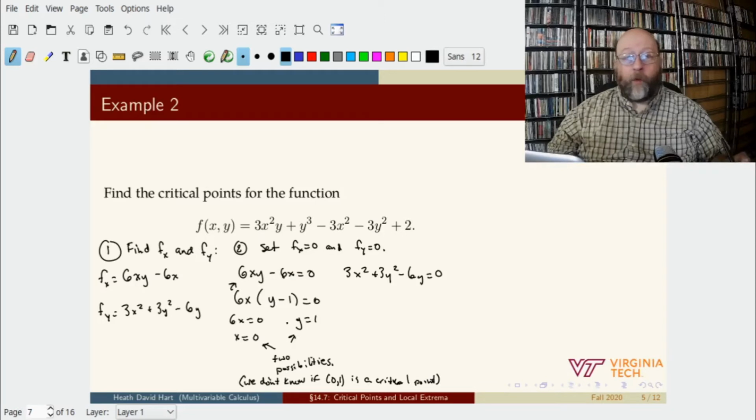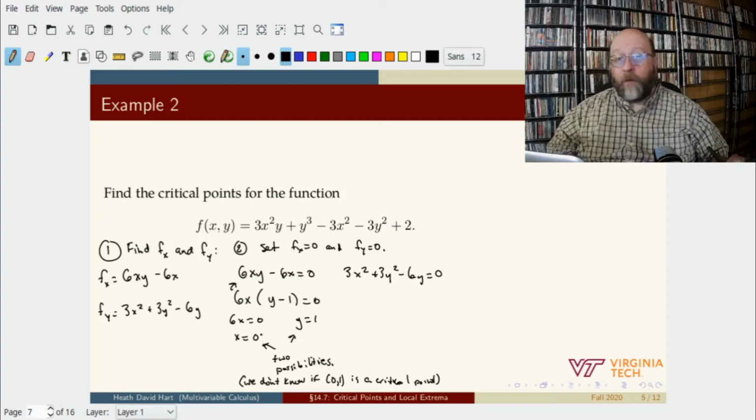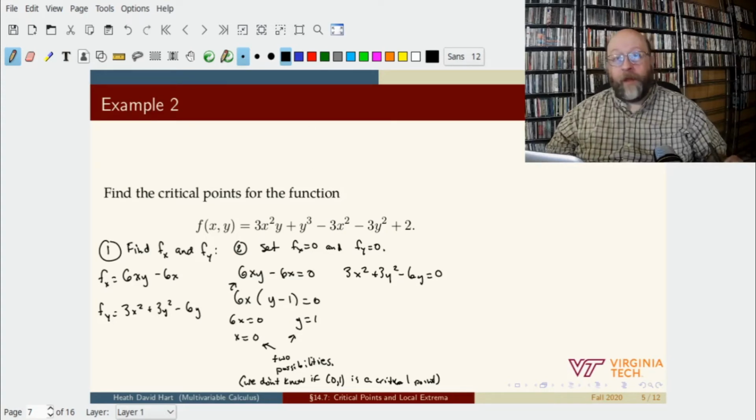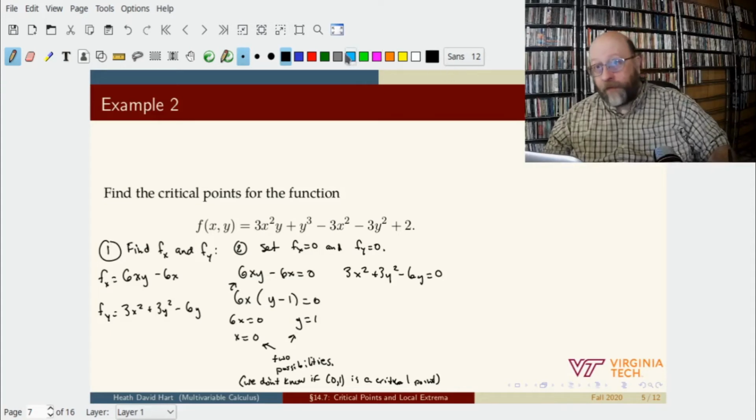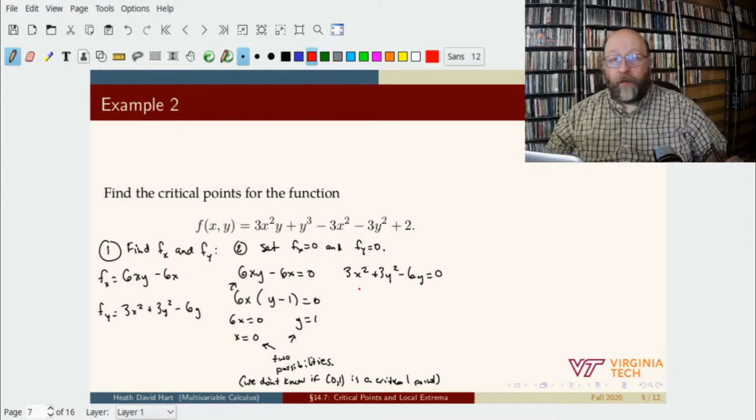Because we only are getting these possibilities out of one of these two equations. But one possibility is that x equals 0, one possibility is that y is equal to 1. And so let's check those two possibilities. I'm going to use color for this step to separate them out.